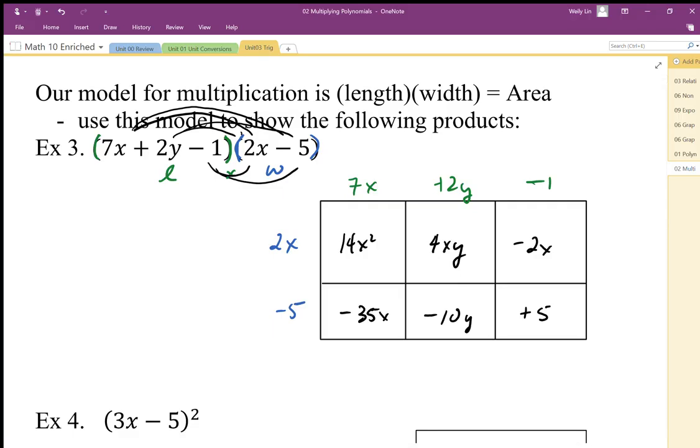So in this case, my net product, or my area, is going to be 14x squared plus 4xy minus 37x minus 10y plus 5. And that gives me all 6 terms. And I've combined my two like terms that I had here and here.